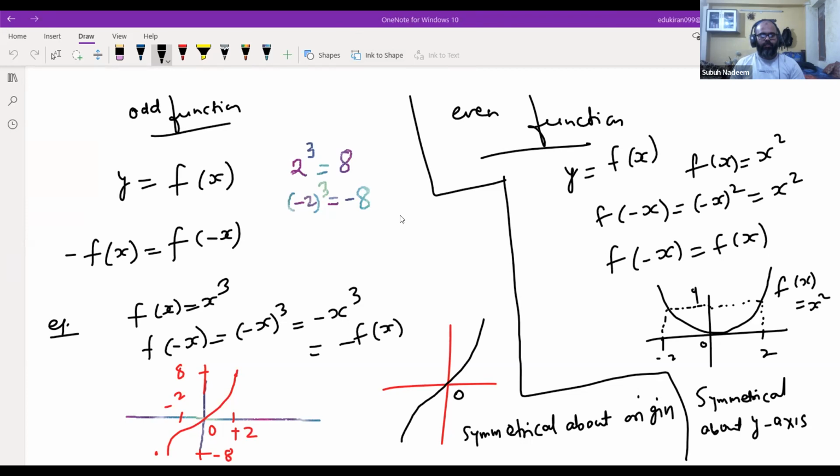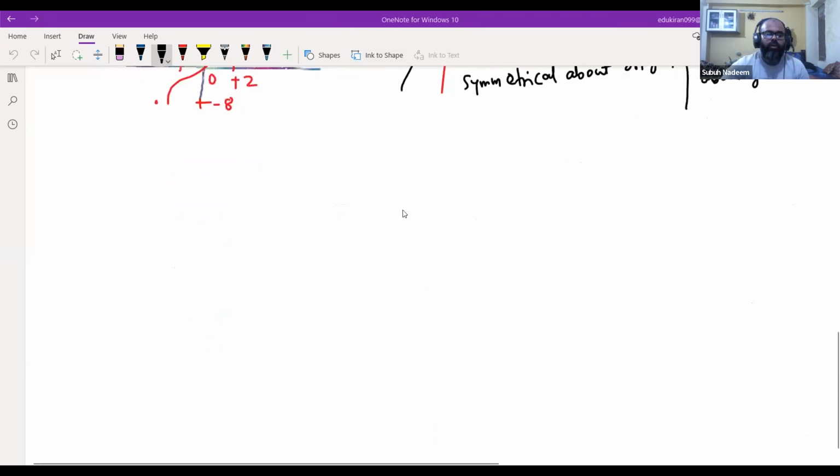One more important point you can note: an odd function always passes through the origin.